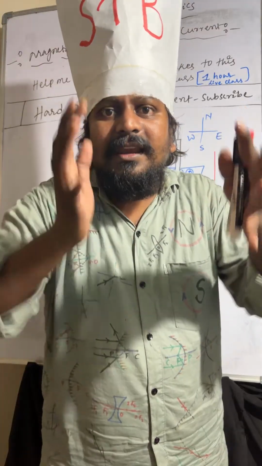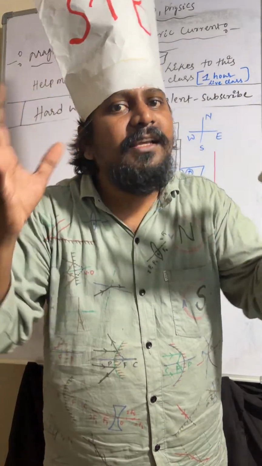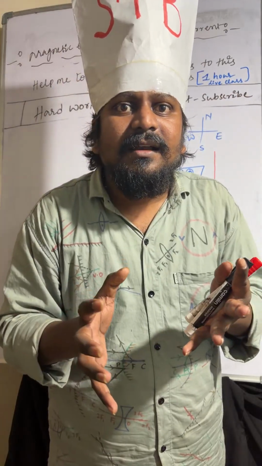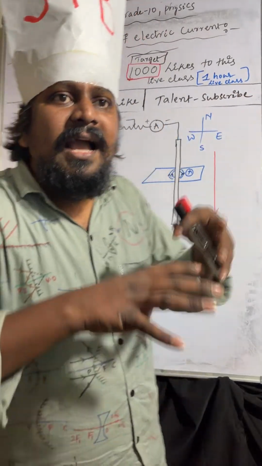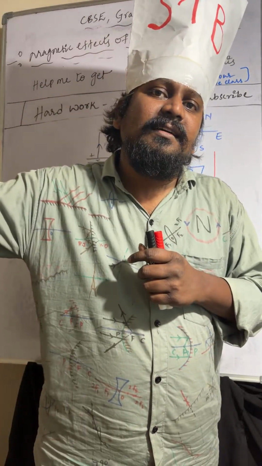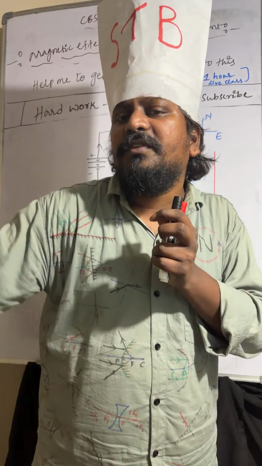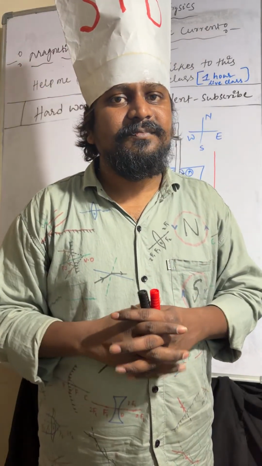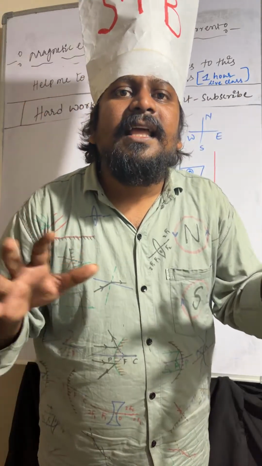So near to the conductor, magnetic field is more. If you move away from the conductor, magnetic field is less.